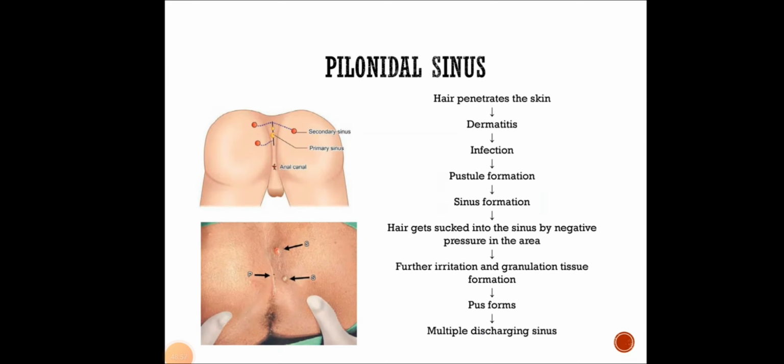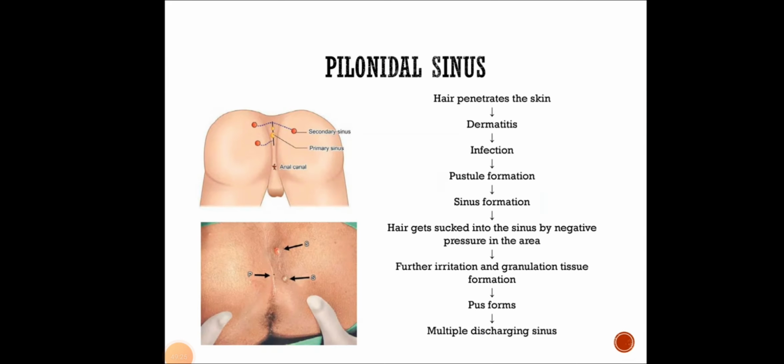Clinical features, from the pathology itself: first, discharge is present, which can be serosanguinous or purulent. Then pain will be there, caused by infection, and the pain will be throbbing and persistent. On examination a tender swelling will be seen, at the common location above the coccyx in the midline and on either side of the midline.